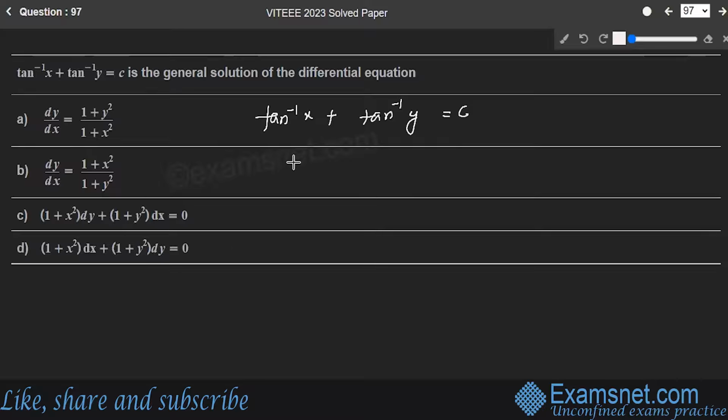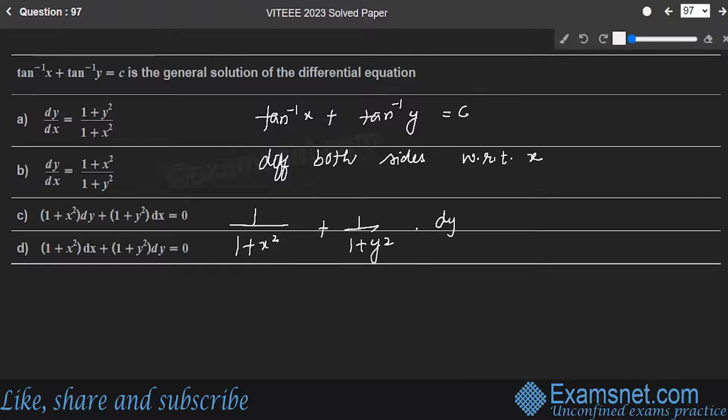Fine. So let's differentiate both the sides with respect to x. You have 1 upon 1 plus x square plus 1 upon 1 plus y square into dy by dx is equal to 0.